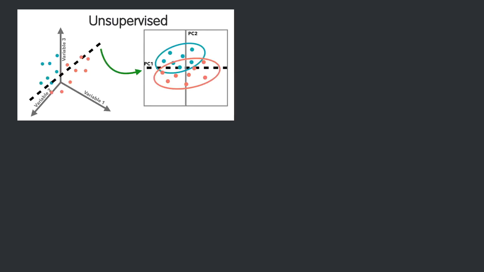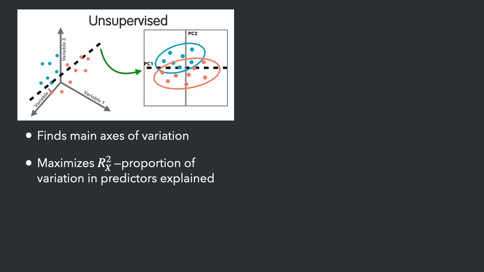Well, an unsupervised approach is one that looks for main axes of variation in your data. So in this example here, we have a hypothetical data set with 3 variables, and we have our observations as points in this 3-dimensional cloud here. And an unsupervised analysis is going to look for an axis that goes through the spread of the data, finding the maximum r squared x, which is the proportion of variation in the predictors that's explained.